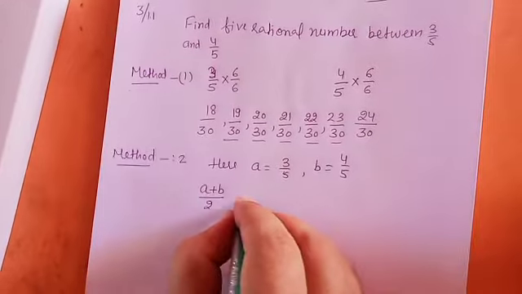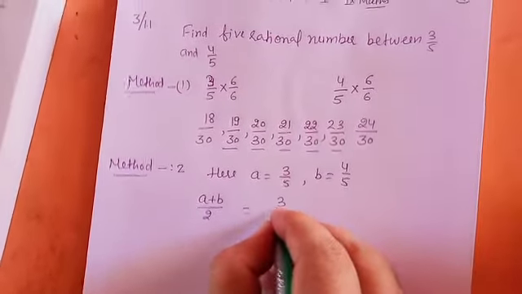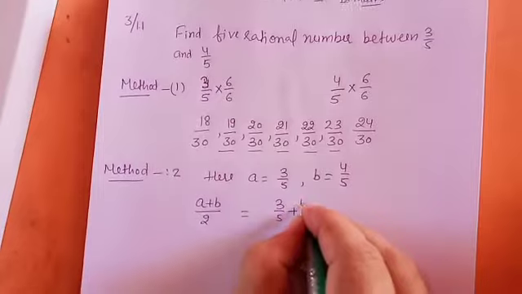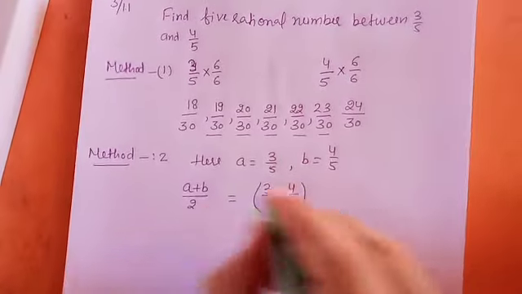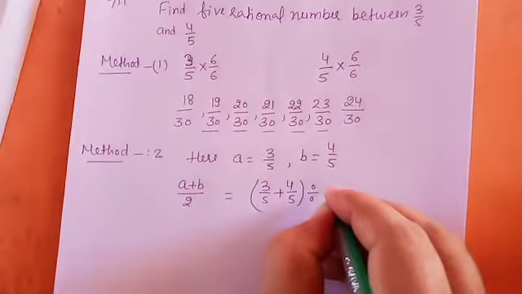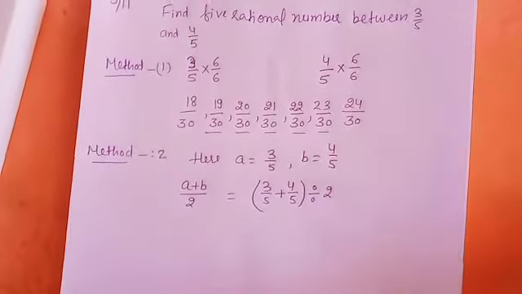So you can write 3 by 5 plus 4 by 5, and this is divided by 2.